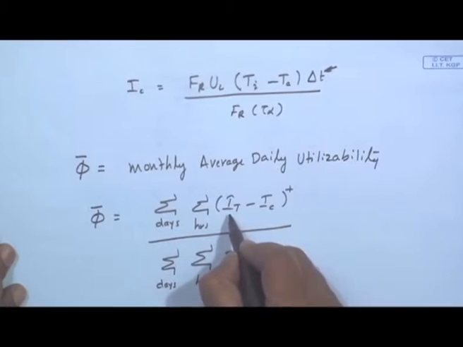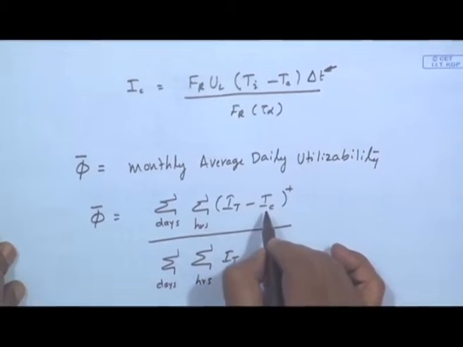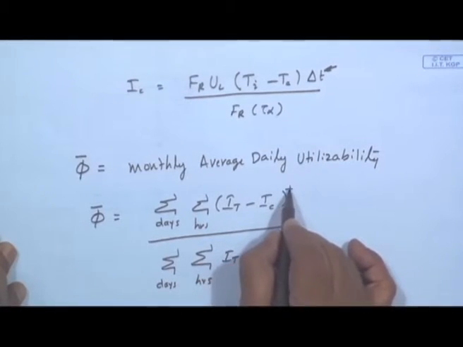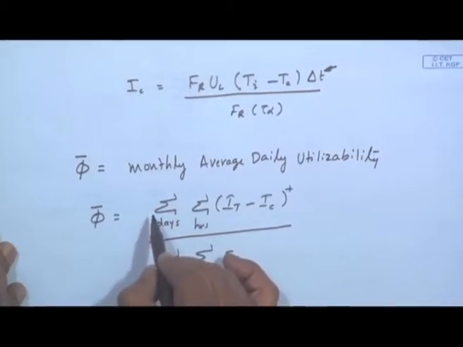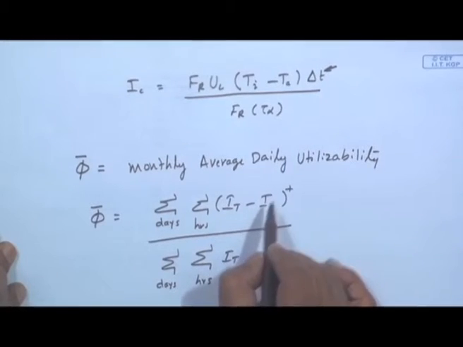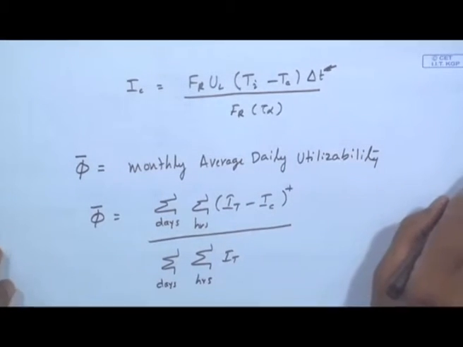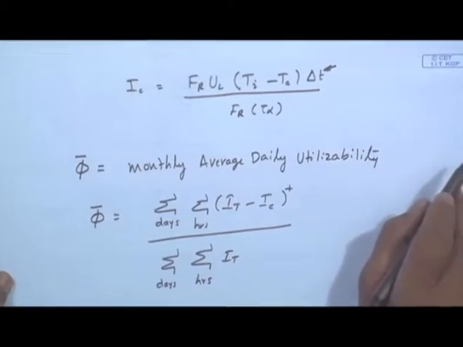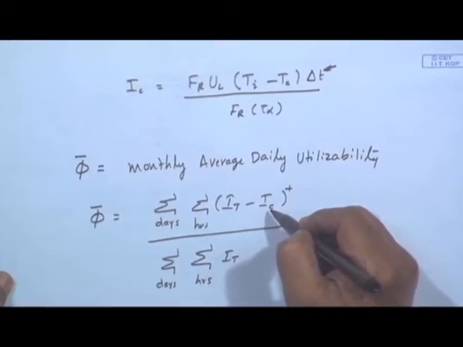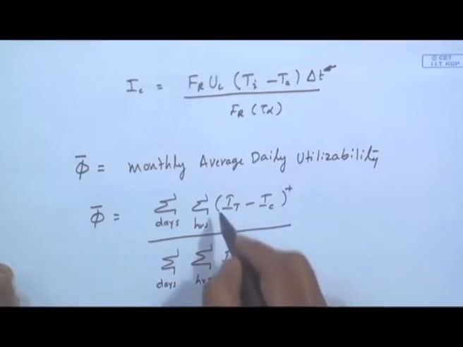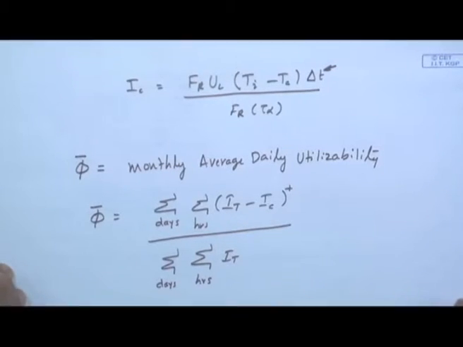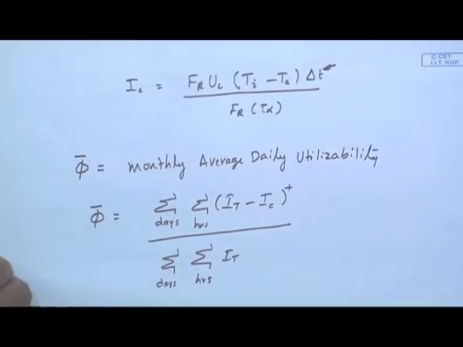So, if IT is the solar radiation for any given hour and IC is the corresponding hourly critical radiation, when this is positive, there is some supply of energy, and I sum up all these things. When it is negative, I will treat it as 0, that is the meaning of the superscript plus. If the solar radiation falling on the collector is less than the critical solar radiation level, the pump is shut off and we do not intend to cool the fluid. So, this is a good indicator of how much solar radiation is available to you to supply the quality of energy that you desired.